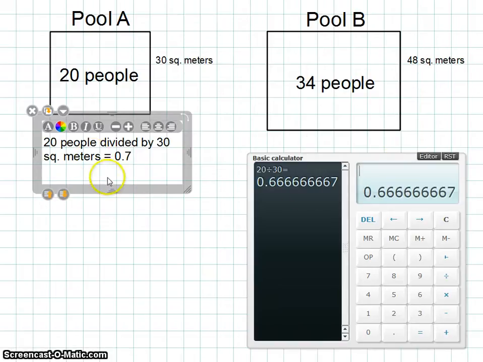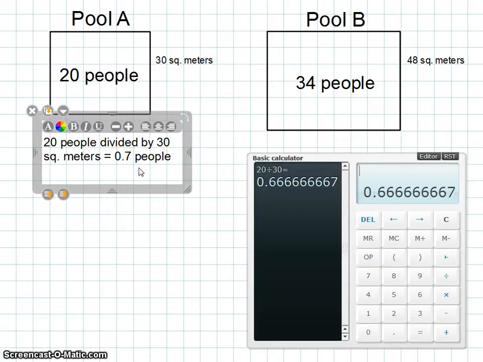This time we're doing 20 people divided by 30 square meters. So we're dividing 20 people. So the unit we should be using for the answer is people, because we started with people. So it's 0.7 people, but we're not done yet.